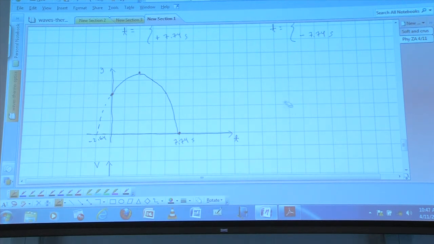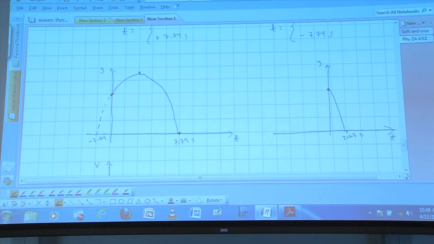I need more room. Hold on. It started out at the same height, but it was coming down, and it hit at 2.63 seconds or 2.64 seconds.